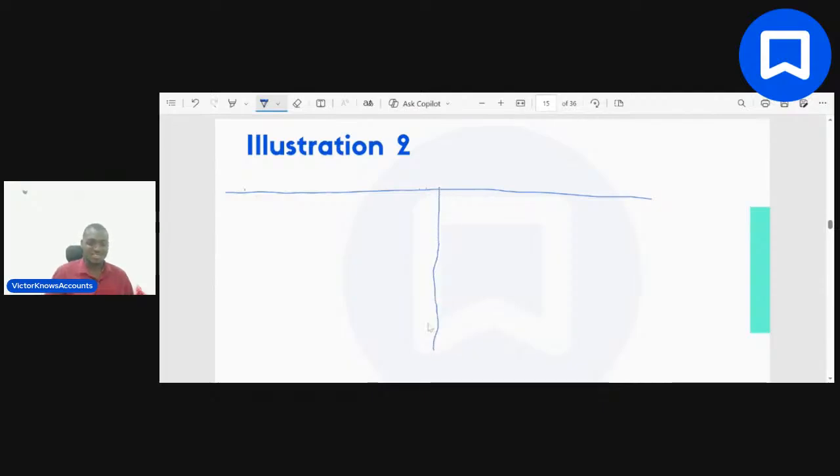Sorry, the hand is not straight. So we have the cash book for John. We're preparing a double column cash book for him. We have the debit side here, and we have the credit side here. Not sure how this is going to work out.